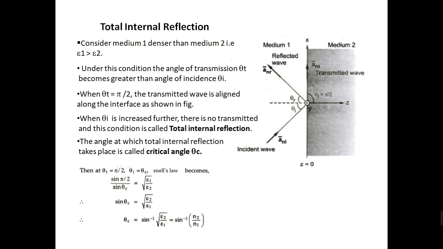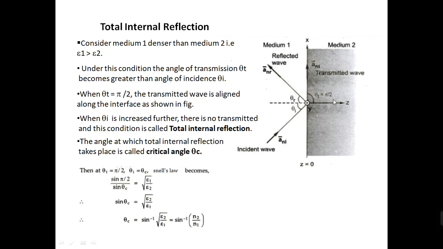Under this condition, the angle of transmission becomes greater than the angle of the incident wave. When the angle of the transmitted wave is exactly pi by 2, that is 90 degrees, the transmitted wave is aligned along the interface.